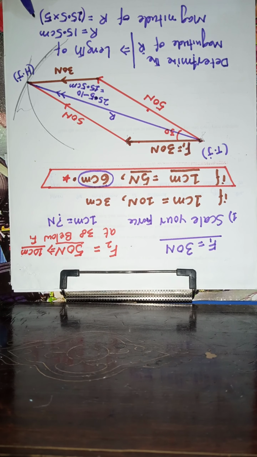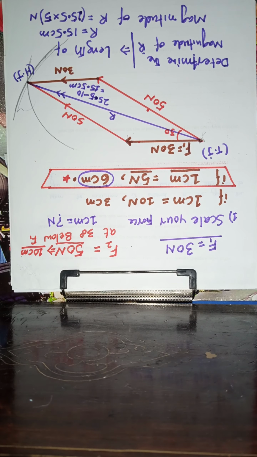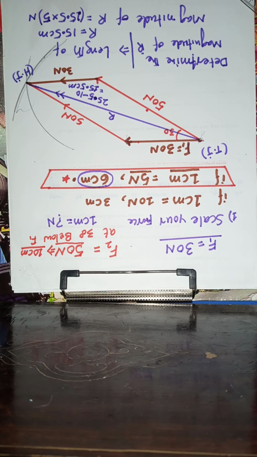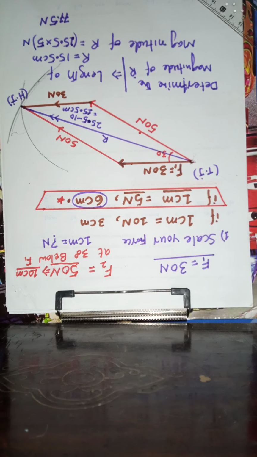I can put the unit over here, so it would become 77.5 Newton probably, but I'm doing this without a calculator, so there can be some mistake in it. This is your 77.5 Newton.